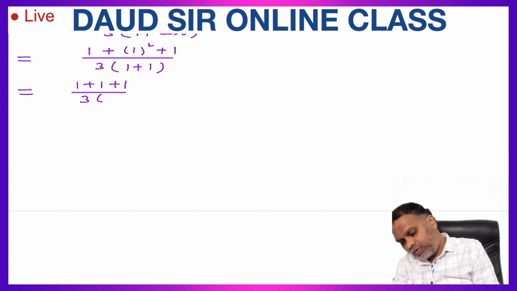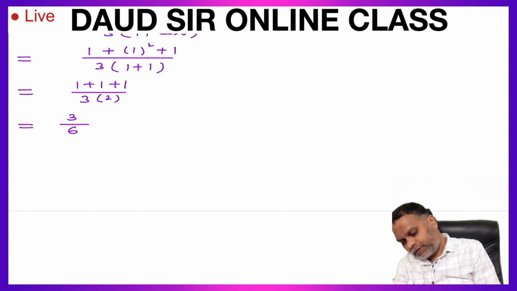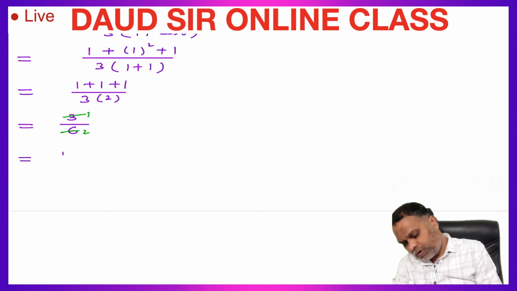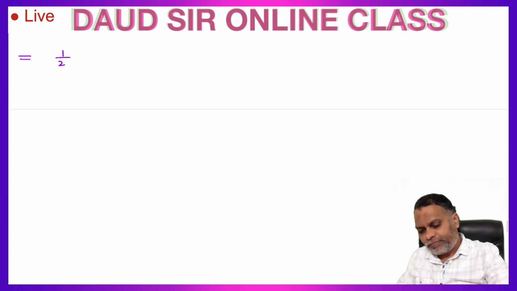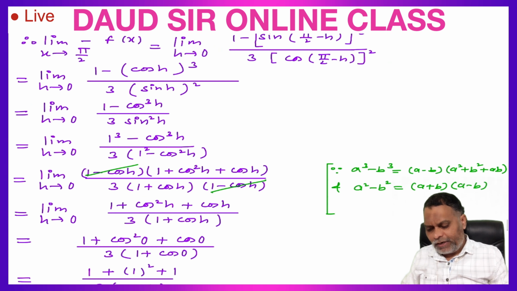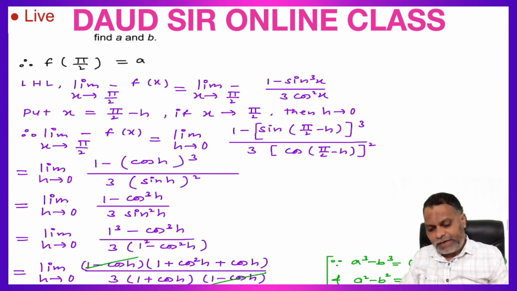So 3 into (1 plus 1) is 2, so 3 upon 6. Three twos are six, three ones are three, so 3 upon 6, which is equal to 1 upon 2 only. Now right hand limit: here we have got left hand limit 1 upon 2. Now calculate right hand limit.